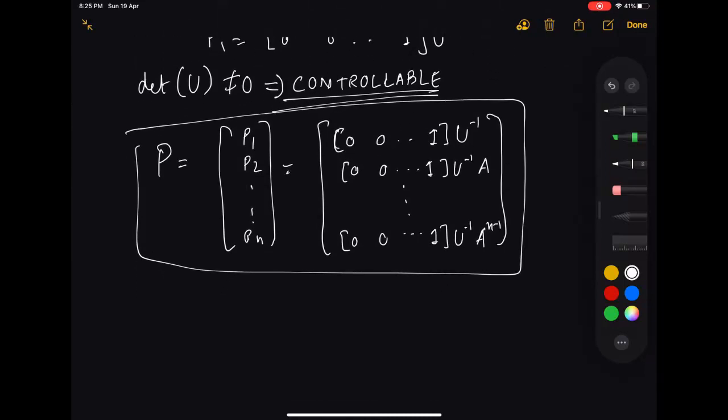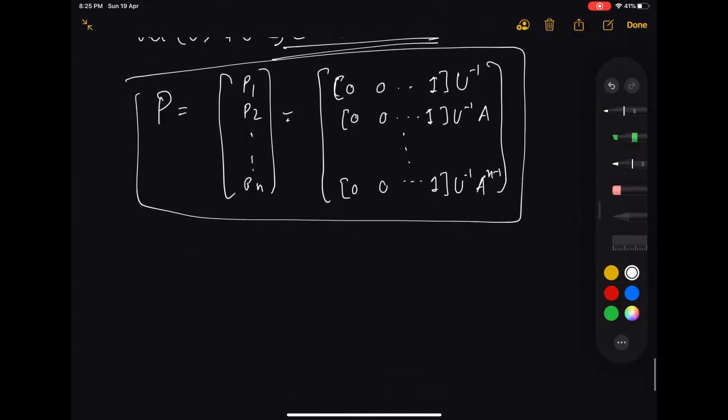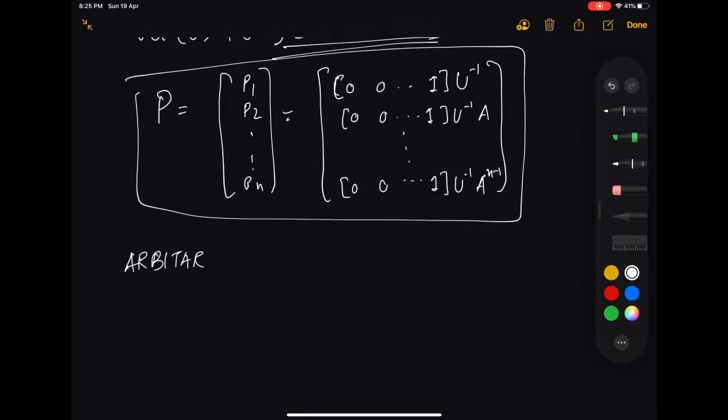So to conclude, what you are basically saying is that you can do arbitrary pole placement if and only if your system is controllable.